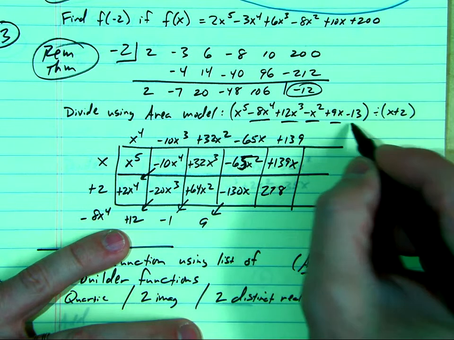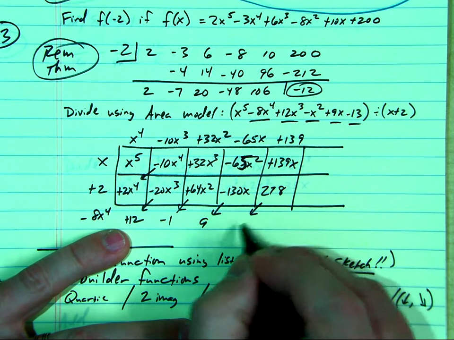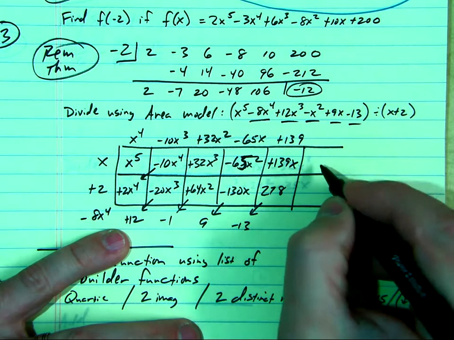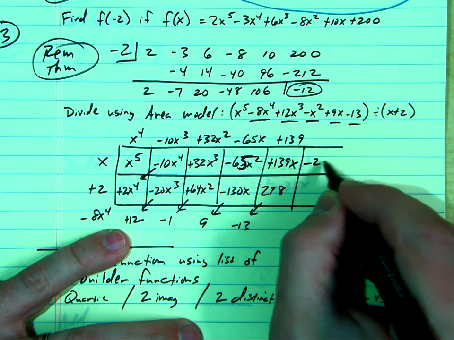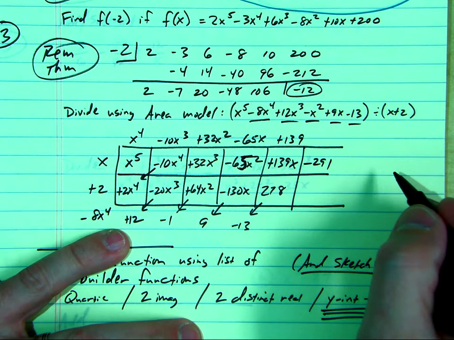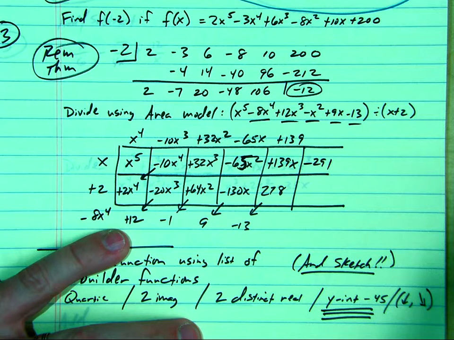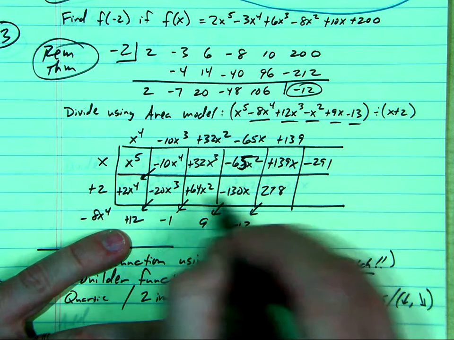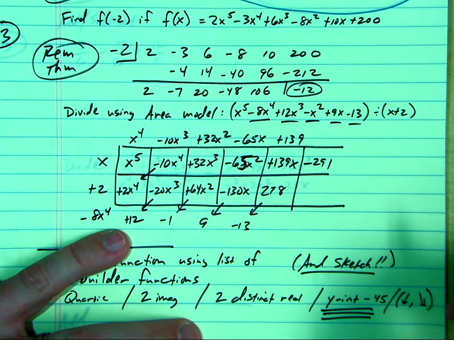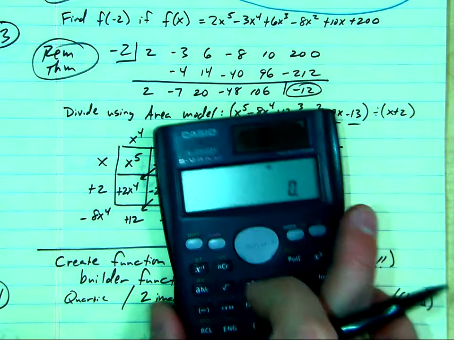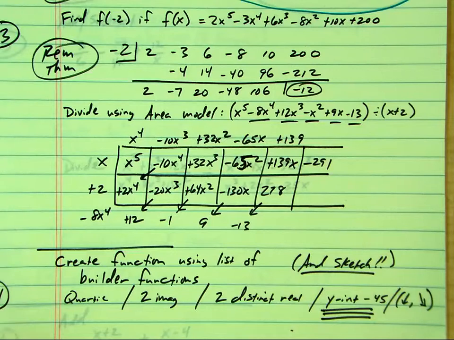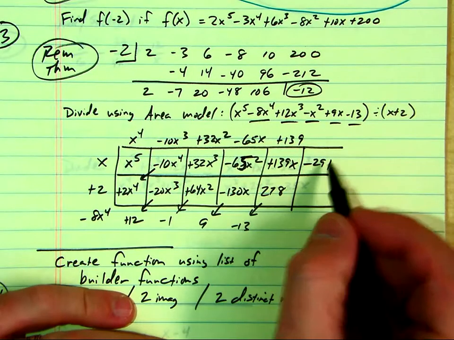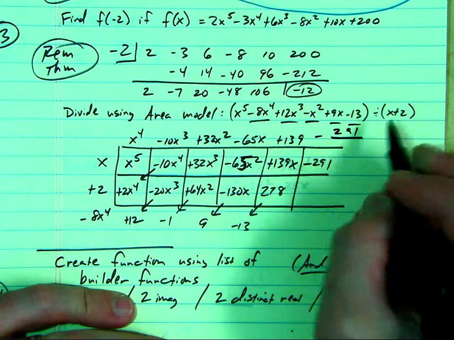We're supposed to end up at -13. -13 minus 278 is minus 291. 139 times 2 is 278. Right? Okay, so x doesn't go into 291, so that's your remainder over x plus 2.